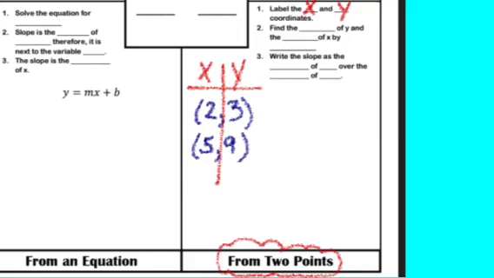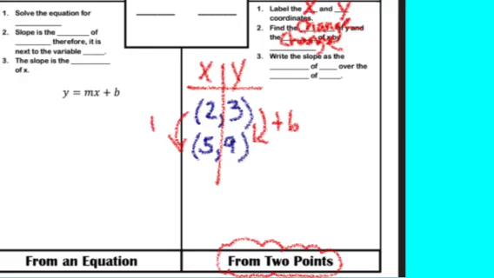And then their next directions up here is that you're looking for the change of y and the change of x. So in our y values from 3 to 9, we add 6. In our x values from 2 to 5, we add 3.